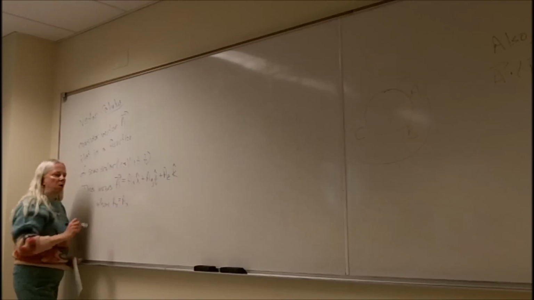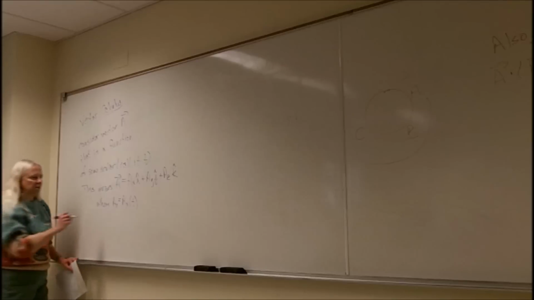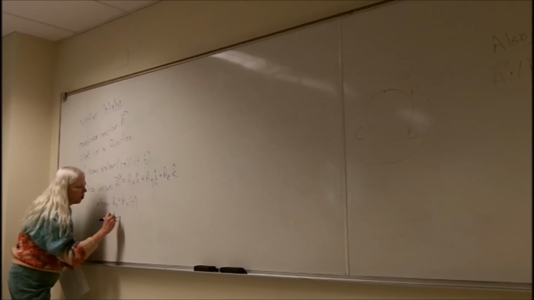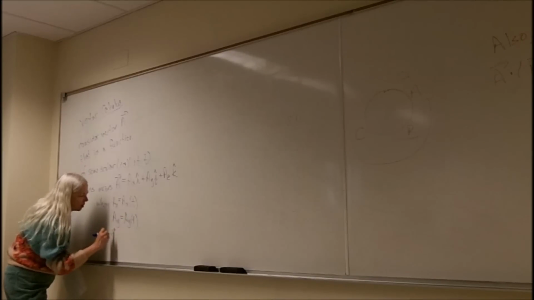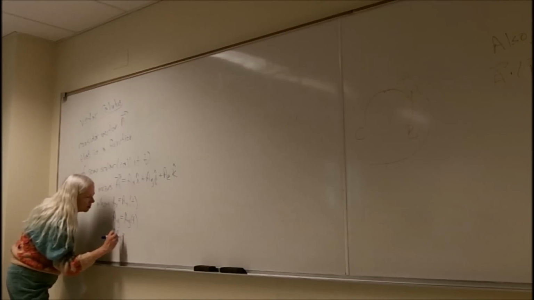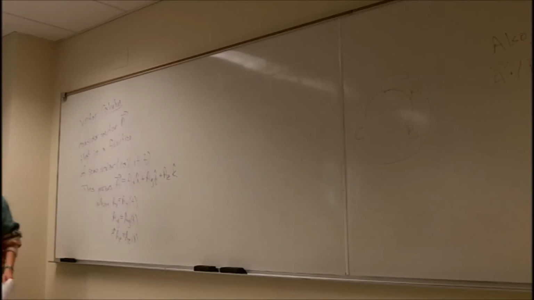But this means the components are each functions of time. So A sub x is a function of time, A sub y is a function of time, and A sub z is a function of time. Okay. So each of the three components is a function of t, whether that's time or some other variable.